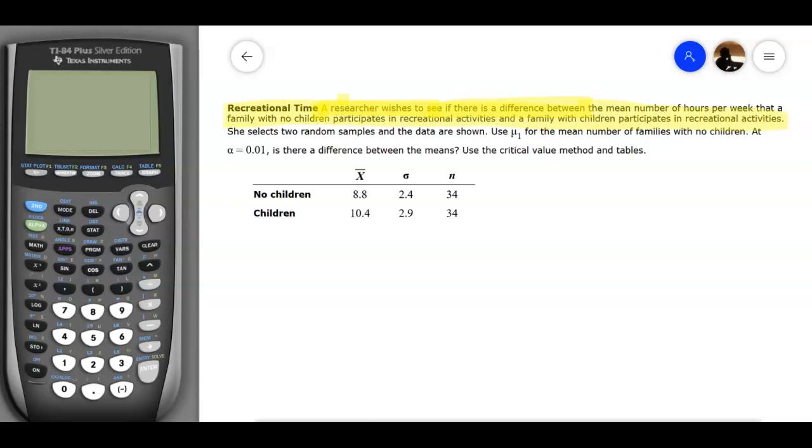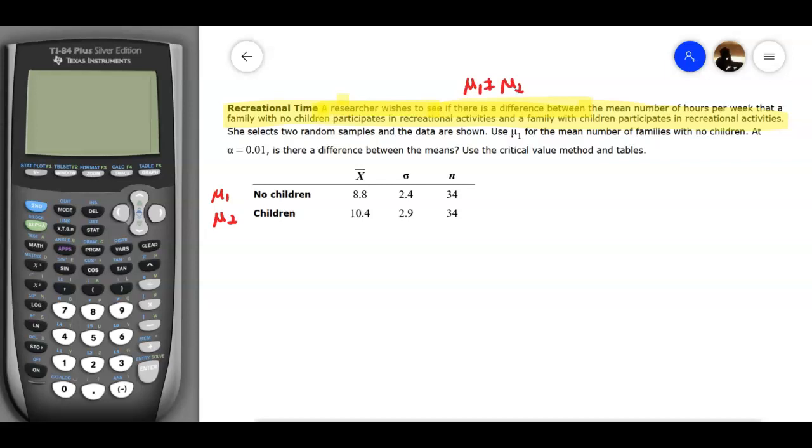If this is mu1, the mean time that no-children families spend on recreational activity, and this is mu2, the claim is that mu1 is different than mu2.